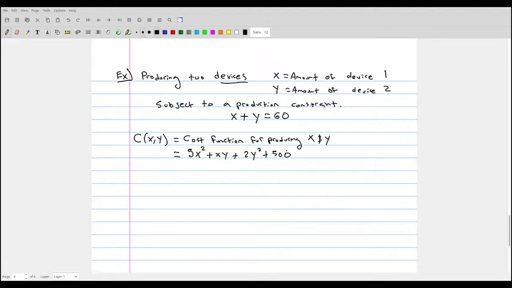of production. Maybe it costs a little bit more to produce a certain amount of x versus a certain amount of y. So this coefficient of x squared is bigger than this 2 right here.